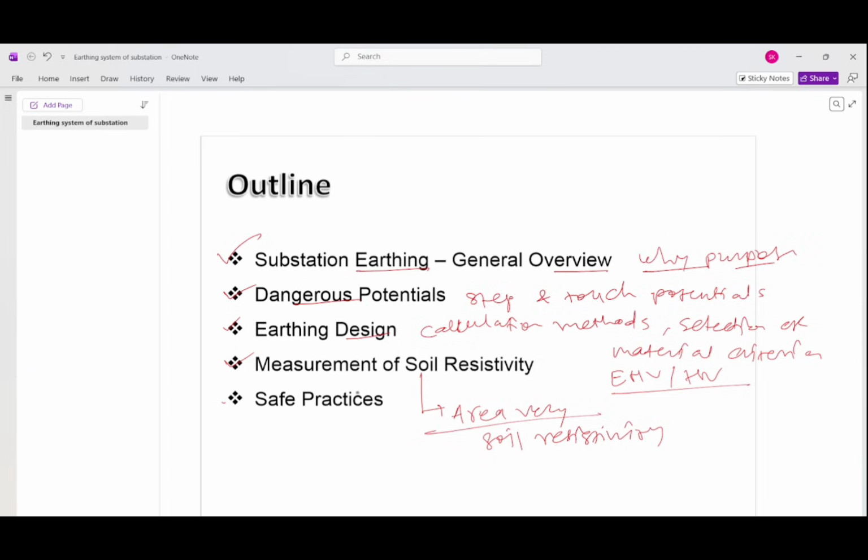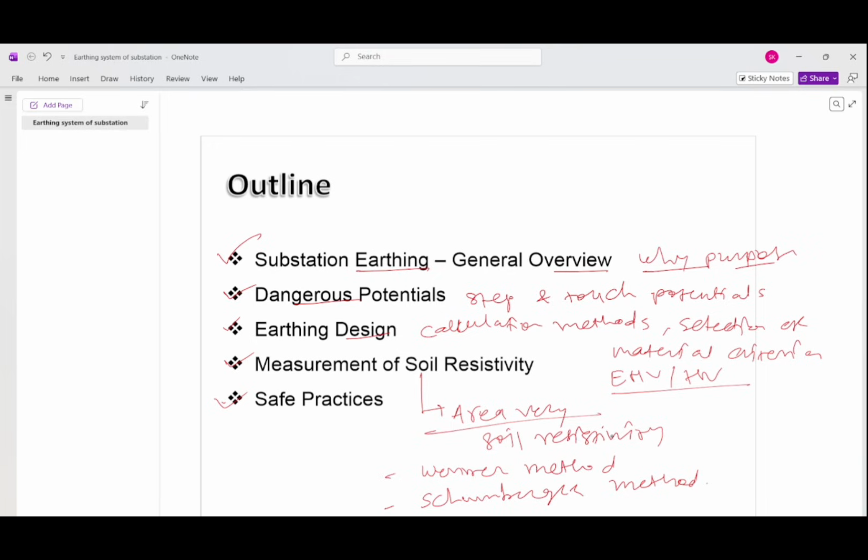Soil resistivity is not uniform, so we require its measurement. The Wenner method is there, the 4-point method you can say, and the Schlumberger method is there. We will discuss these methods also, how soil resistivity is measured and the importance of its measurement.